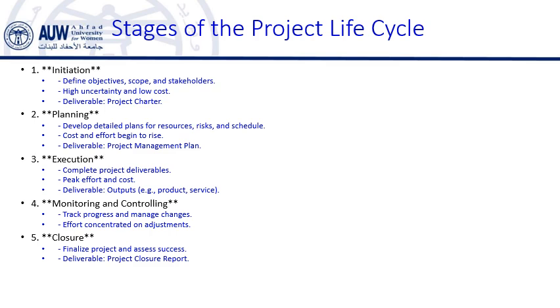The second phase is planning. In planning, the project team develops a comprehensive plan, including a detailed scope, schedule, resource allocation, and risk management strategy. The deliverable of this stage is the project management plan, which we will develop also together.